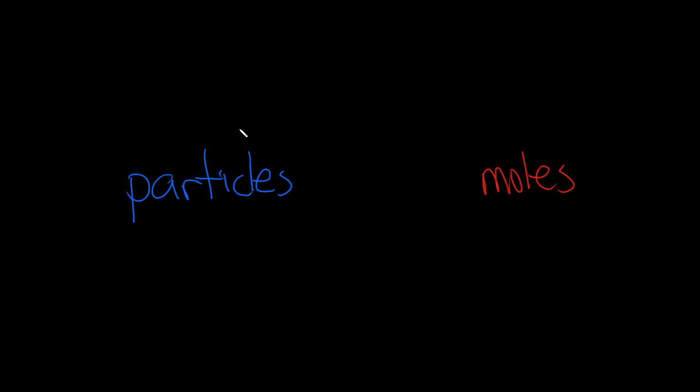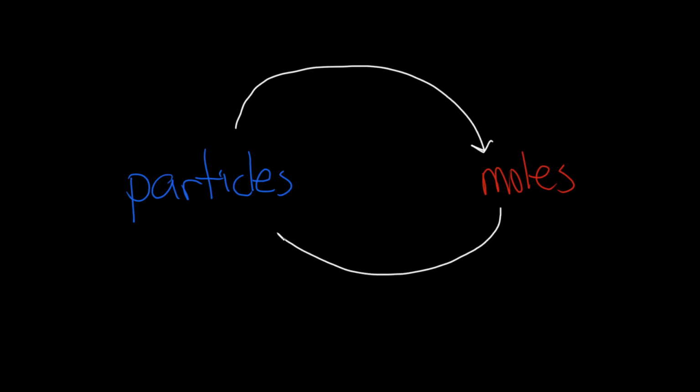Let's visualize how to relate particles to moles with a diagram where we have particles on one side and moles on another side. So how do we go from particles to moles, and how do we go from moles to particles?